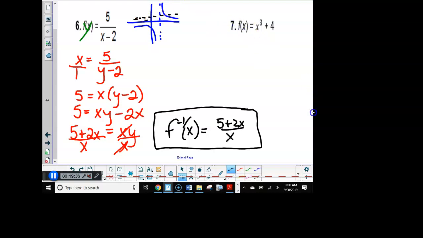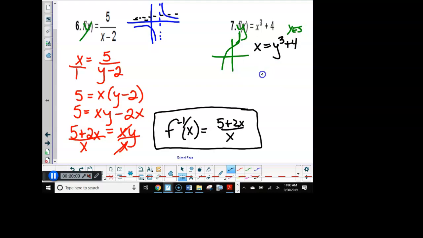Let's go with number 7. This is a cubic that has been shifted up 4. So if you graph it, it looks like that. What are you thinking? Yes, that would have an inverse that is a function. So this is y. If I switch the x and the y, it'll say x equals y cubed plus 4.